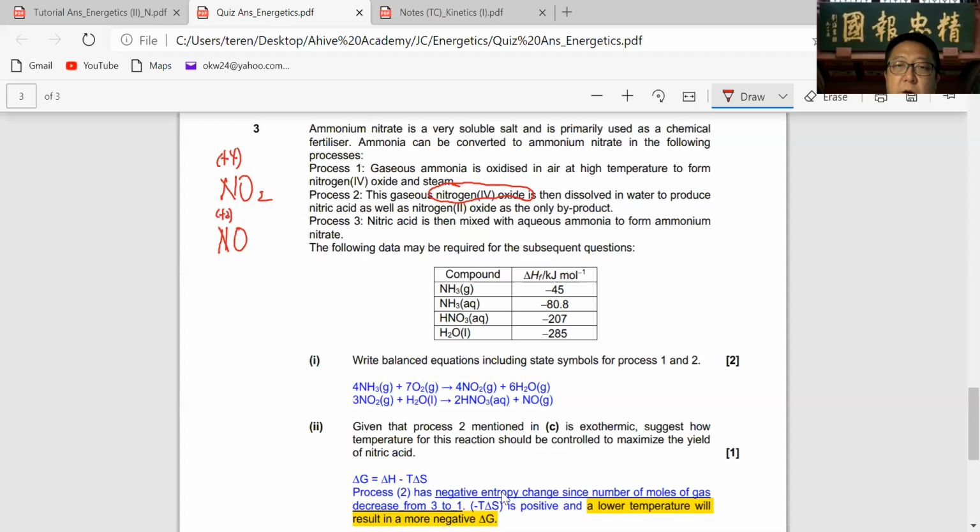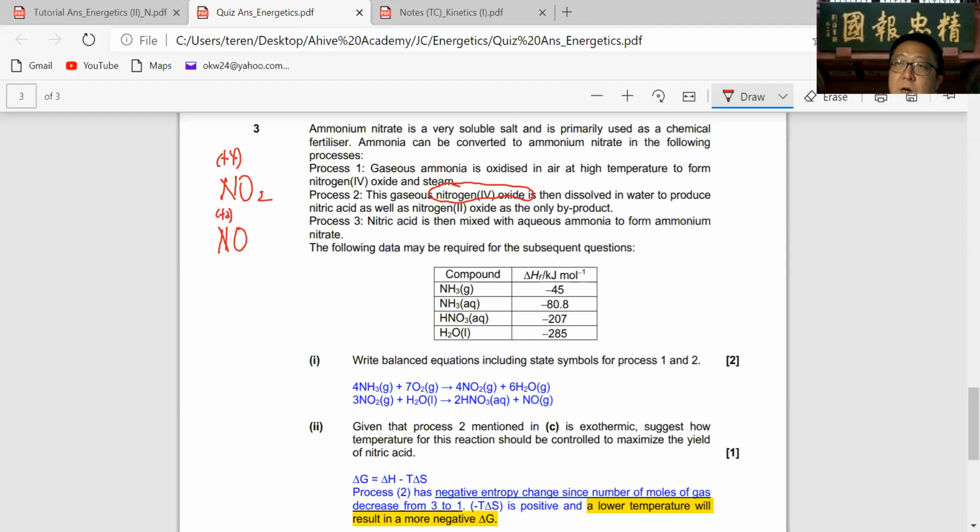So if the entropy change is negative, this factor here, negative T delta S, is positive. You agree with me? A negative number times a negative number is always positive. So what will happen to the Gibbs free energy? A lower temperature will result in a more negative delta G. In order for your Gibbs free energy to be negative, it very much depends on T now.